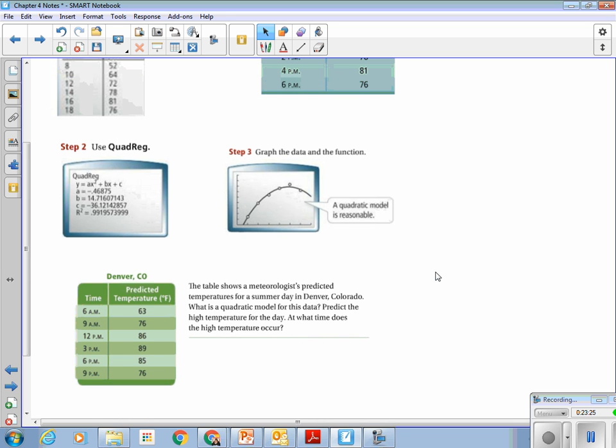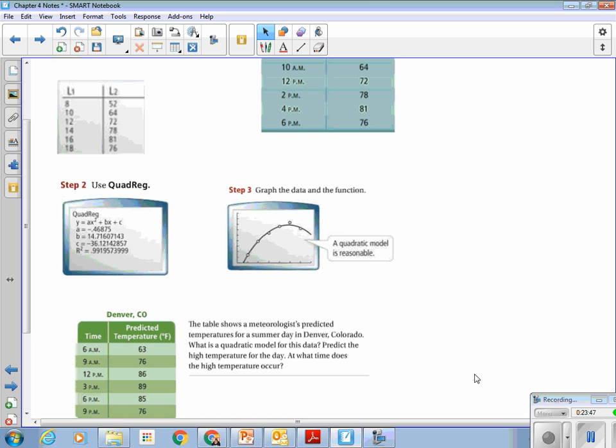Alright, so we're going to take a moment, and you guys are going to do that very same thing. So you're either going to use a graphing calculator, or you're going to use an online computing device, and you're going to calculate the quadratic regression equation for this Denver temperature.